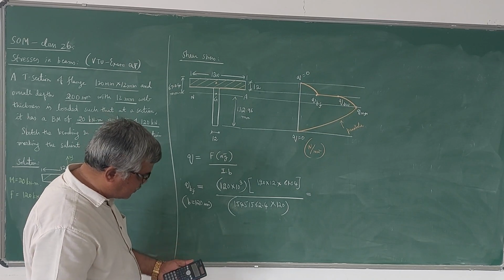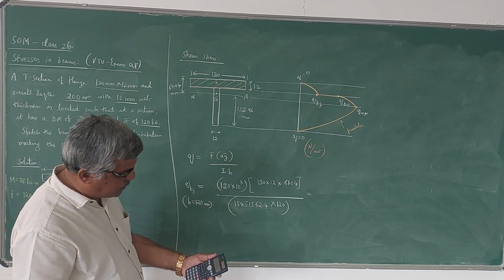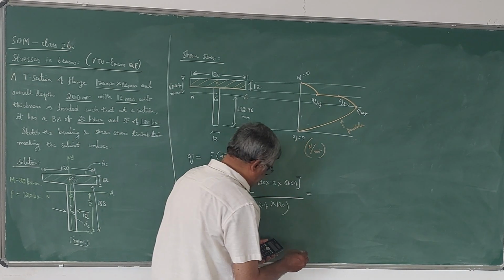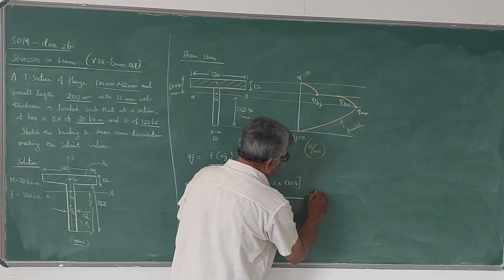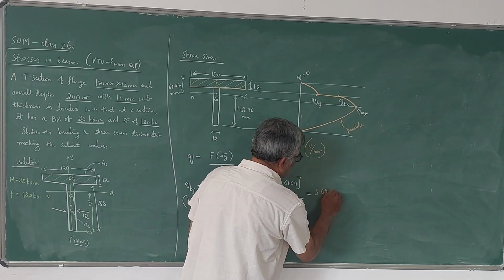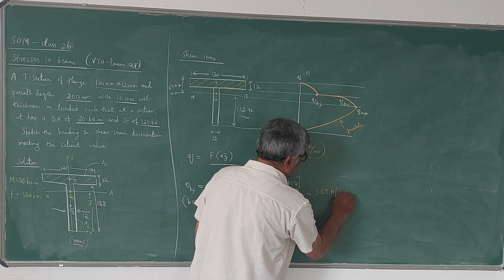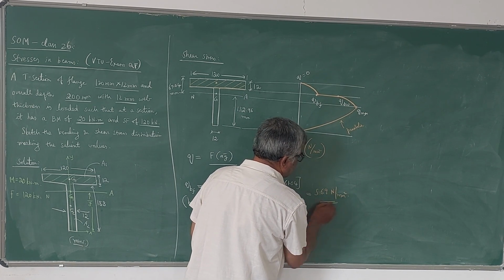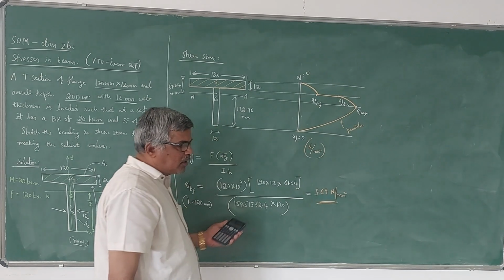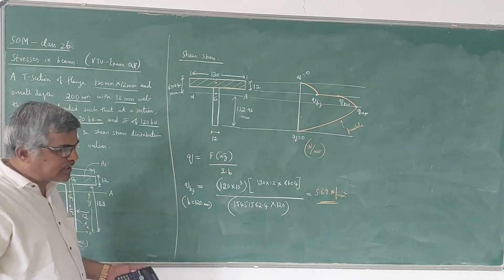So it comes to 5.69 Newton per mm square. You can just see the values of bending stress and shear stress. Bending stress will be more, the shear stress will be less.